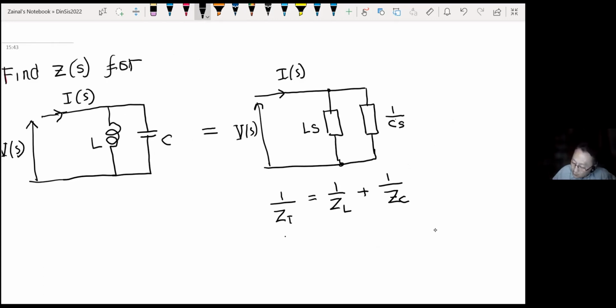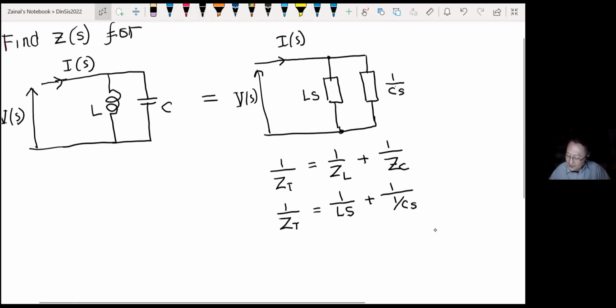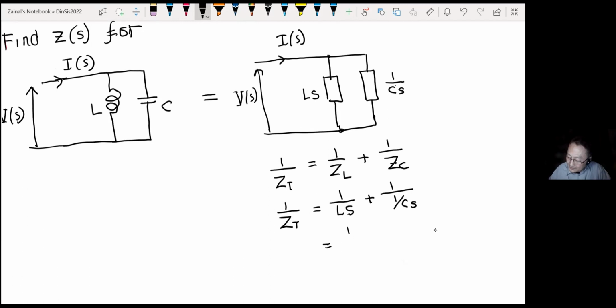So 1 over G total is the same as 1 over LS plus 1 over CS. So this becomes 1 over LS plus CS.